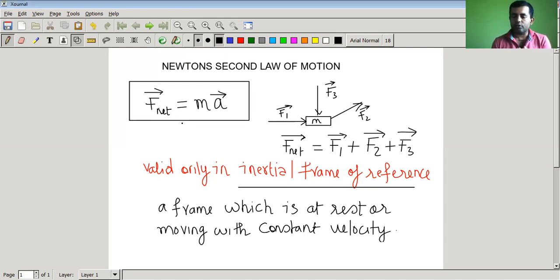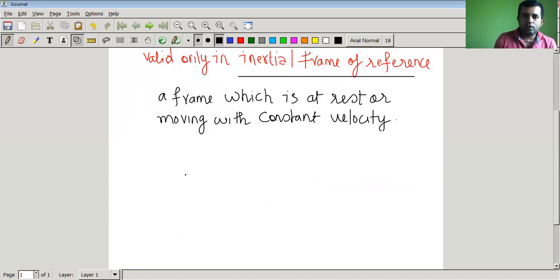So whenever a frame has acceleration or deceleration, that is a non-inertial frame. Let us write the word non-inertial. What is a non-inertial frame of reference? I told you, the frame which is accelerating or decelerating.